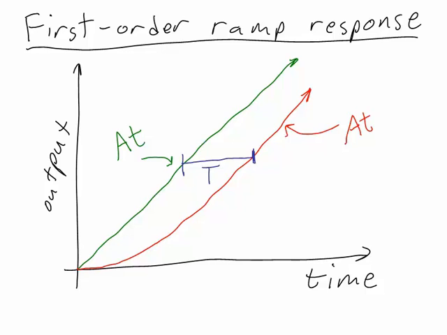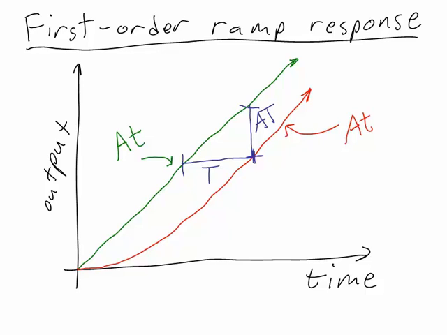If we know the time constant, either by doing a test with the step response or by calculating it by using a mathematical representation of the system, we can predict what the response will be to a ramp input. We can not only know the distance between these lines in the x direction, we also know the distance between these lines in the y direction. That distance is equal to A times the time constant.